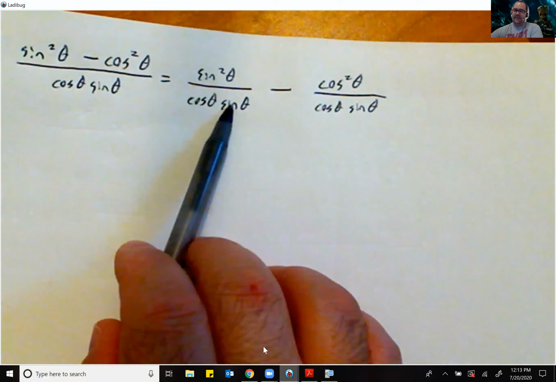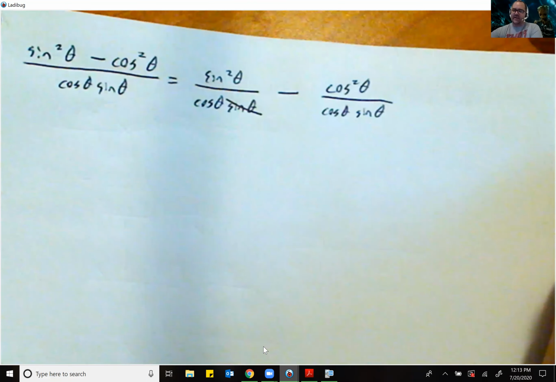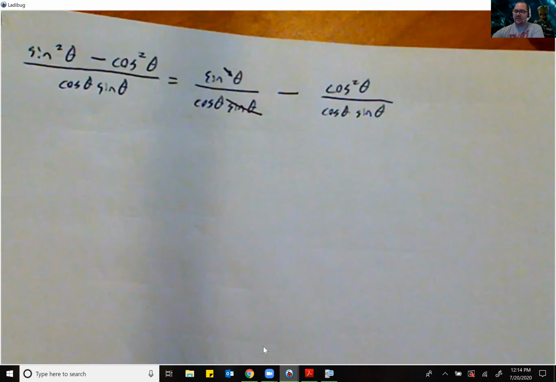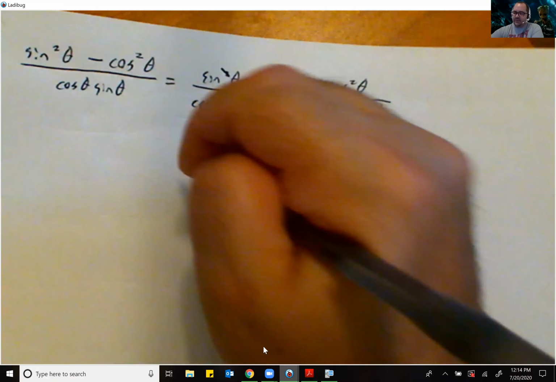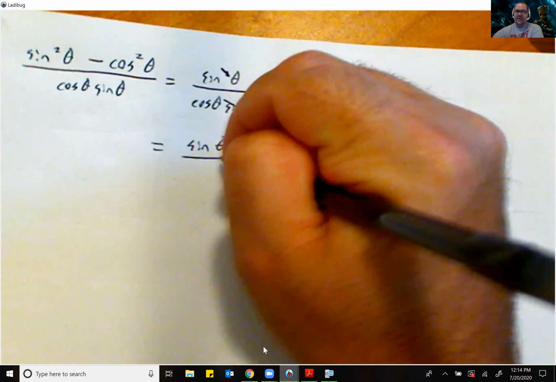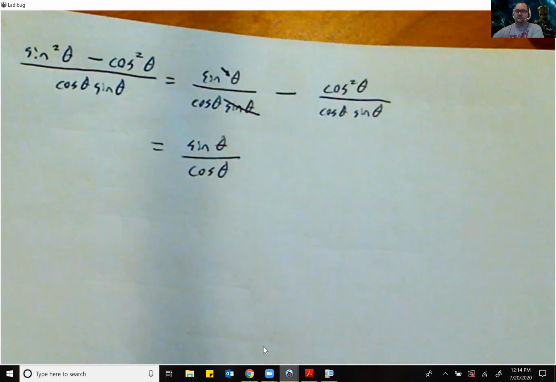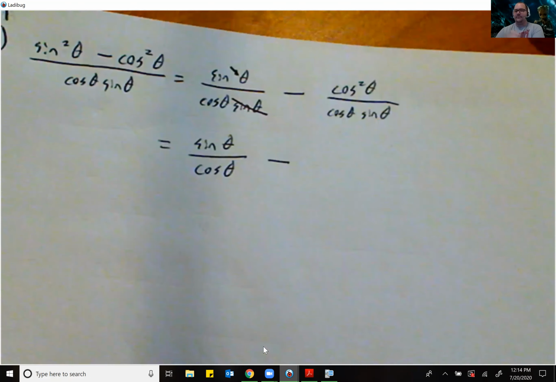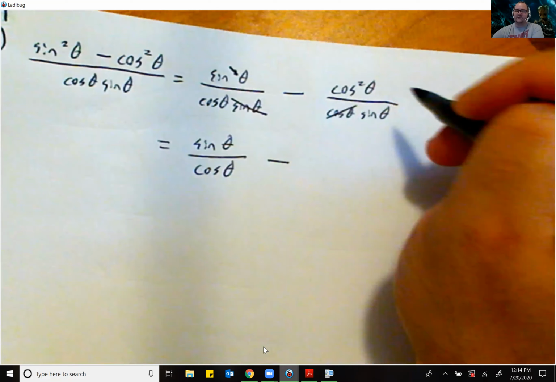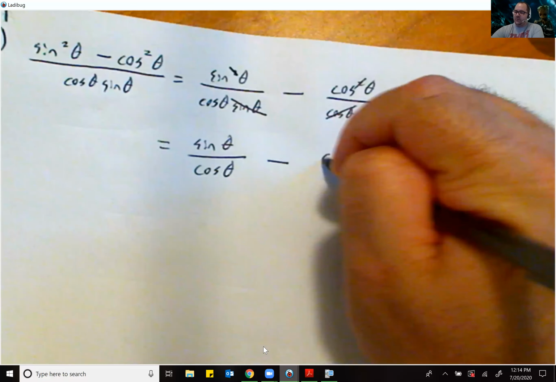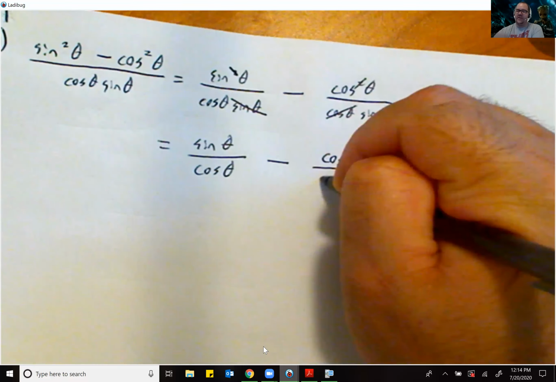So the sine is going to cancel out there, and it's going to cancel out the square part. And that's going to leave us with sine theta over cosine theta. Sound familiar? Yes. Good. I'm glad you agree. And then over here, this cosine is going to cancel out one of those cosines up above, and that's going to leave you with cosine theta over sine theta.